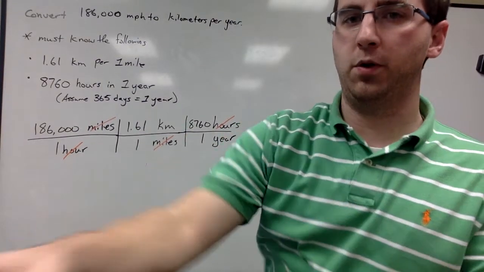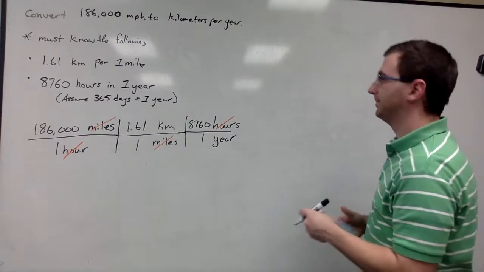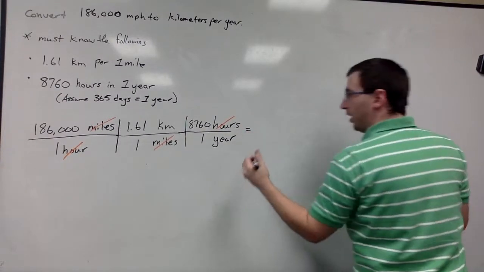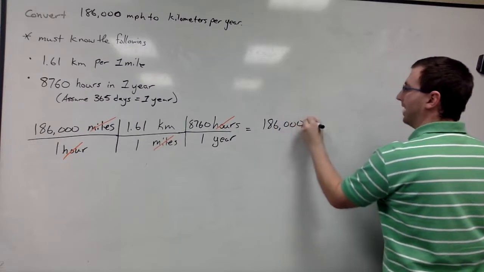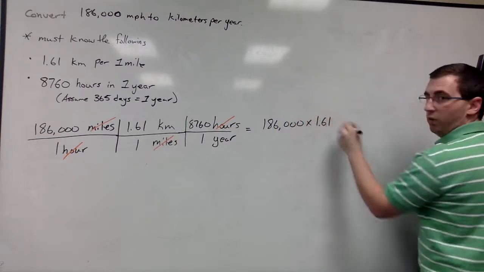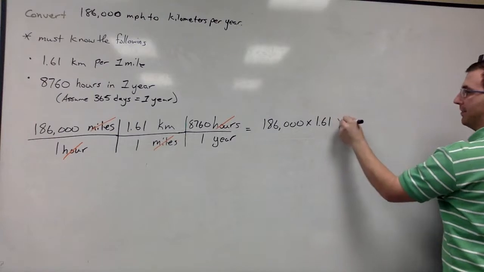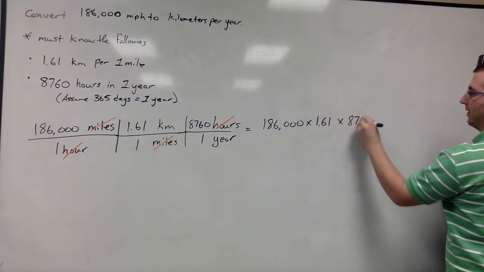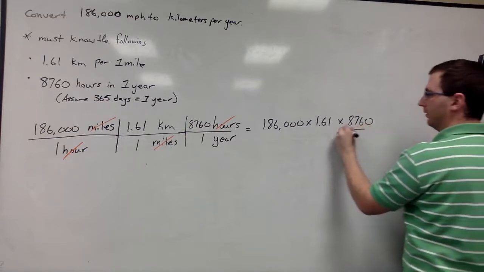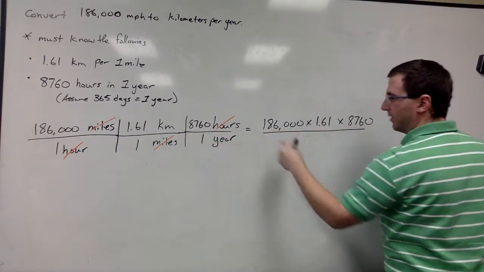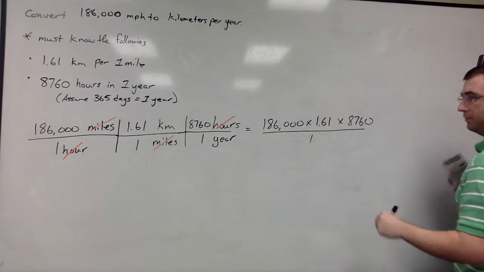So, pull out the fancy schmancy calculator. We have 186,000 times 1.61 times 8,760 over, well, 1 times 1 times 1, that just gives us a 1.